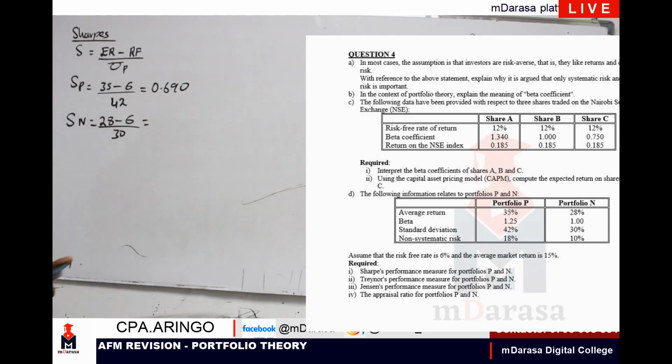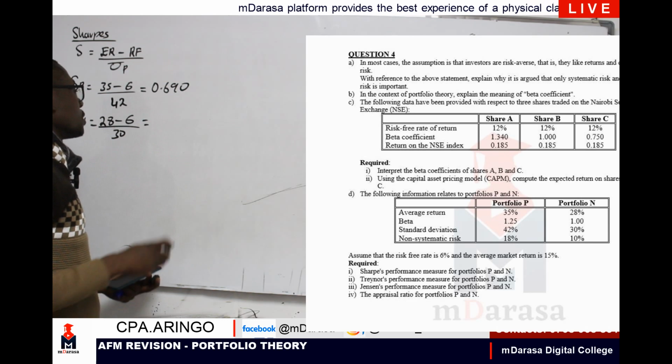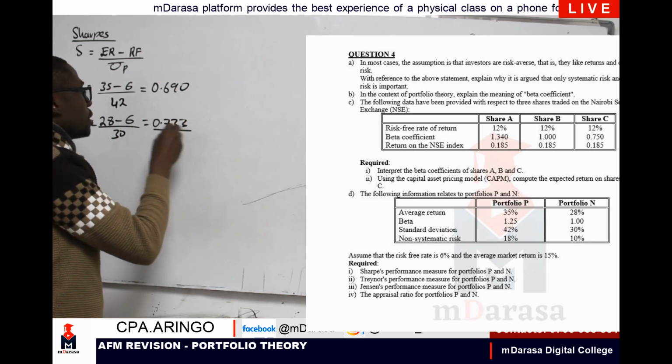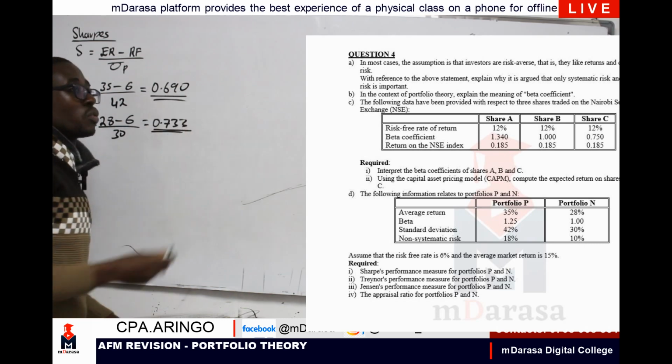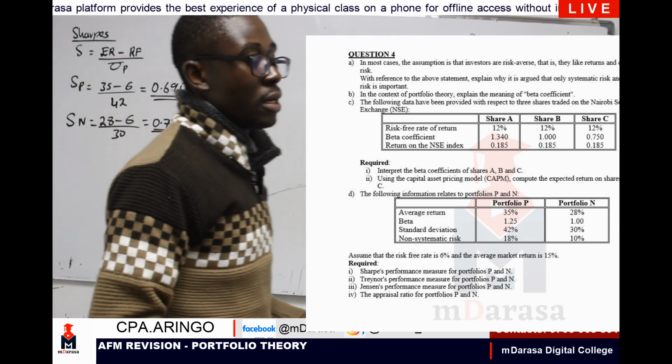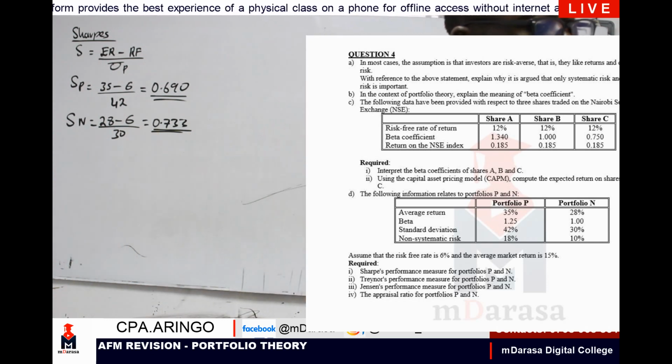What will it give us? I'll be having 28 minus 6 divided by 30, which gives 0.733. So guys, kindly confirm if you're getting the same values.